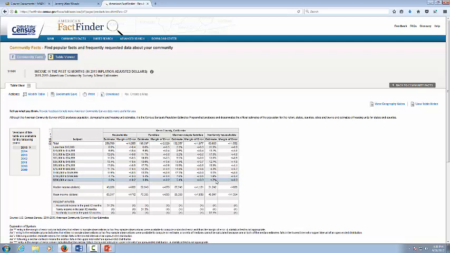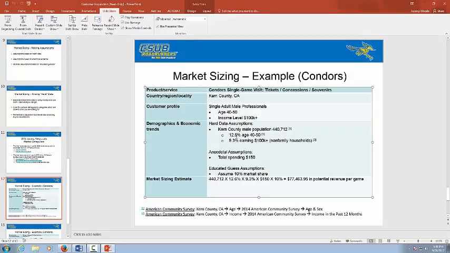So if I add those three together, 6.5 plus 1.9 is 8.4, plus 1.2 is 9.6, I believe. So 9.3, again, from the last time I did it until now, the numbers have changed slightly. But that's where you get that information on total number of people in the market.